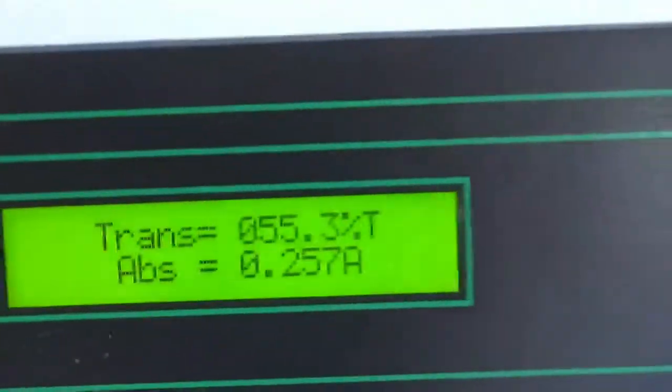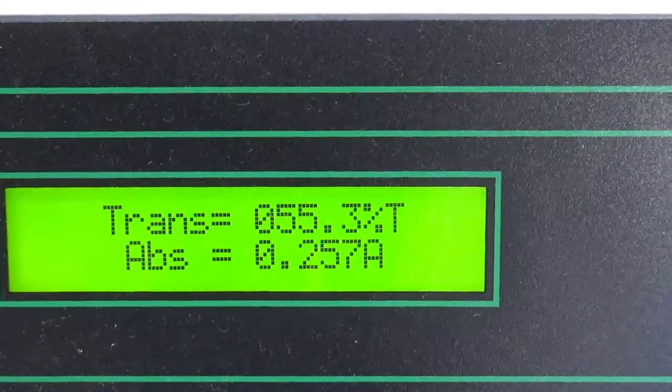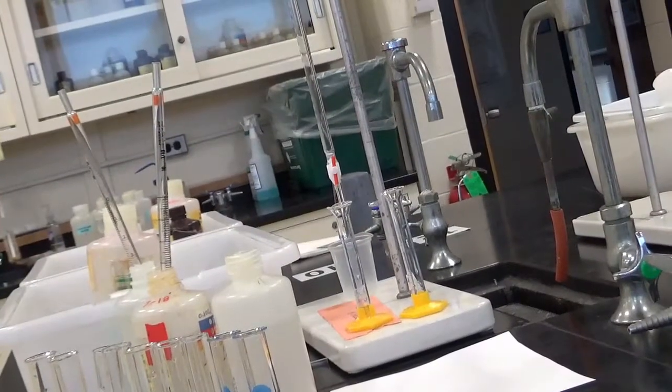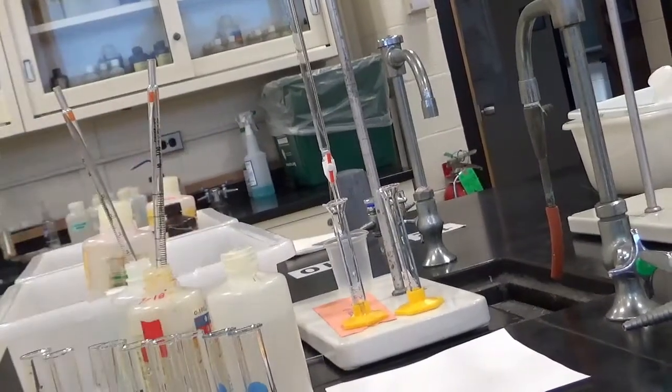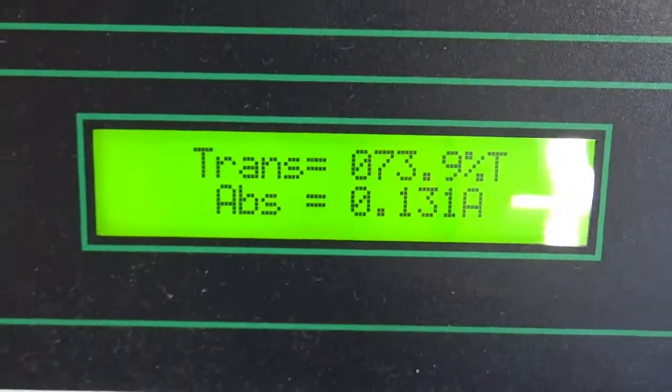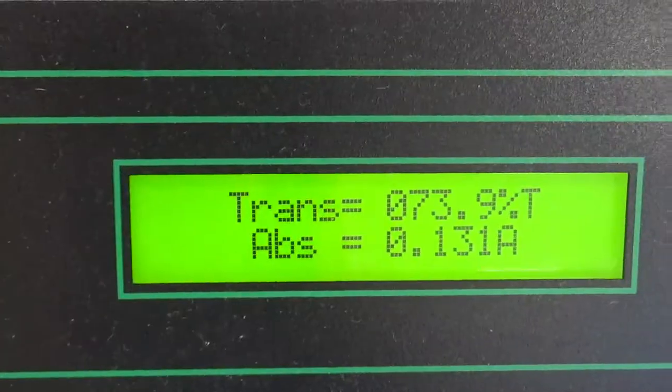Number should be lower. 0.257. And then finally, let me get rid of 8. And then solution 9. 0.131. Okay.